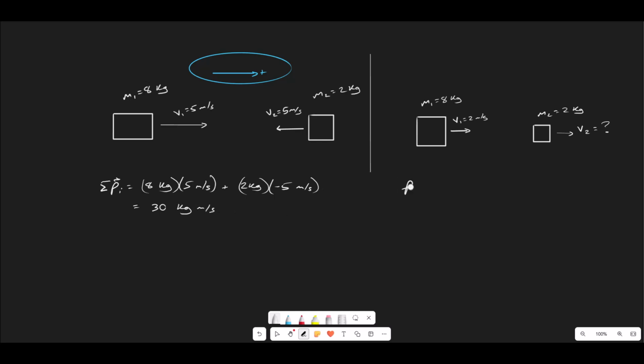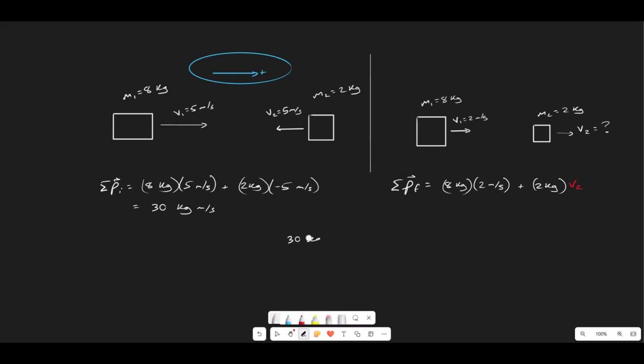Over here, our final momentum has to be 30 kilogram meters per second, but we're going to have 8 kilograms times 2 meters per second plus 2 kilograms times V2. 8 times 2, that's 16.